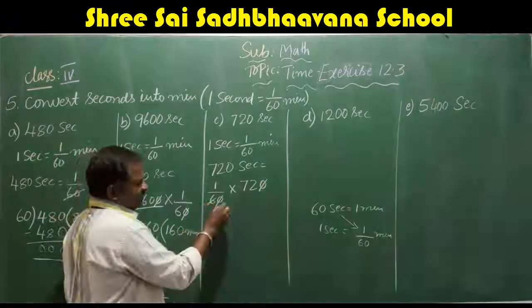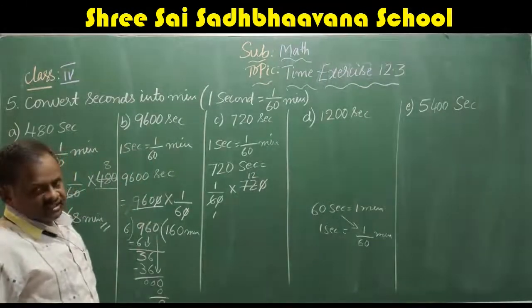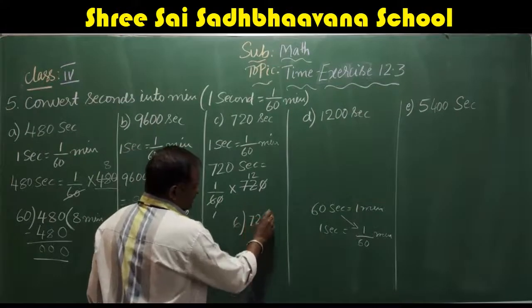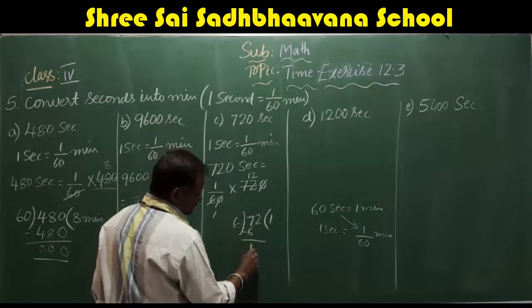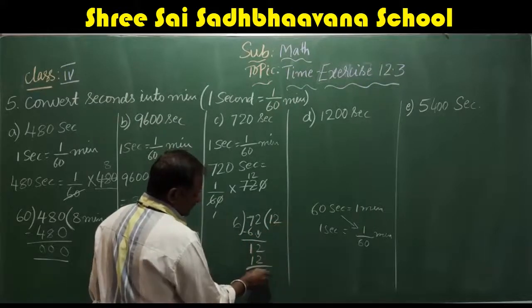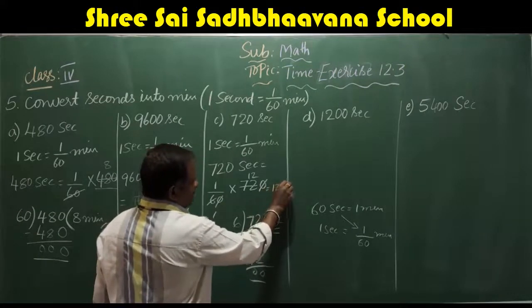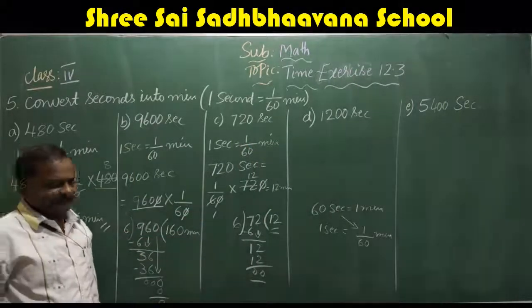I will divide 72 by 6. 6 ones are 6, 7 minus 6 is 1. You take down 2. 6 twos are 12. You will get 0. So 12 minutes. 720 seconds are equal to 12 minutes.